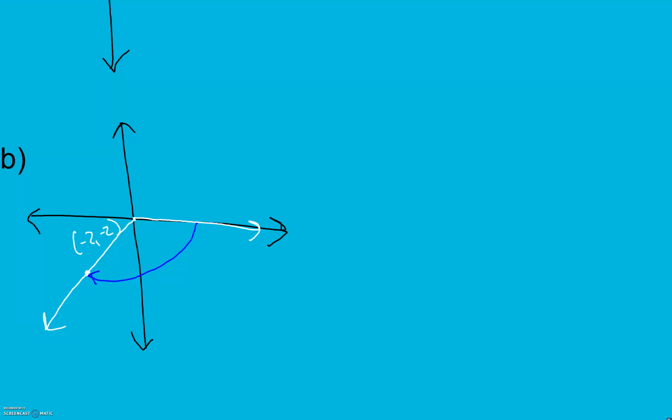It goes 45 degrees beyond, and we know it's 45, guys, because these are the same values, which means they're the same distance away, which means they're halfway between this axis and this axis. So if this is 90 degrees, this is half of that, which is 45 degrees. So we add those up and get 135 degrees. And since we went clockwise, it's negative. So we get -135. Positive goes this way, negative goes this way.